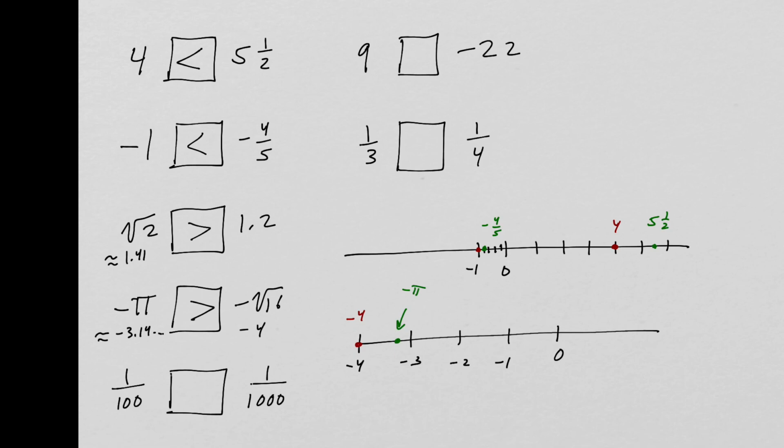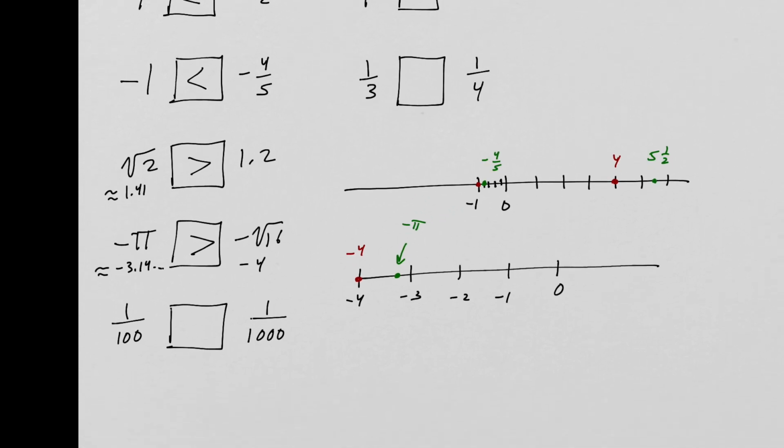What about 1/100 compared to 1/1,000? Again, I'll expand this out. Let's say here's 0. They're both positive, right? Here's 0, here's 1. So 1/100 is very, very small. I'd have to split this up into 100 little pieces.